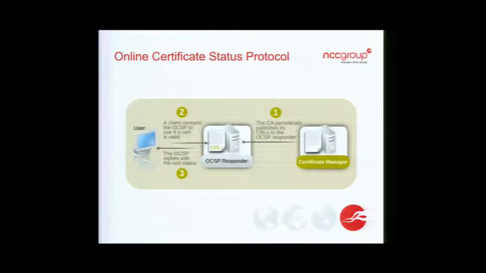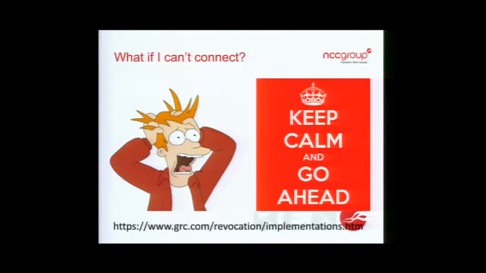Okay, and what if the browser is checking whether the certificate is revoked or not using the OCSP service? It can be even easier, because in the default configuration of, I think, all the browsers that I have tested, when they make a connection to check if the certificate is revoked or not, if they don't get a response, they continue.